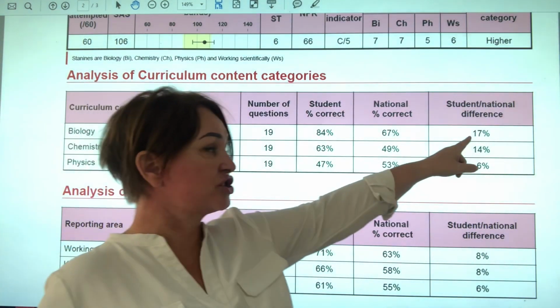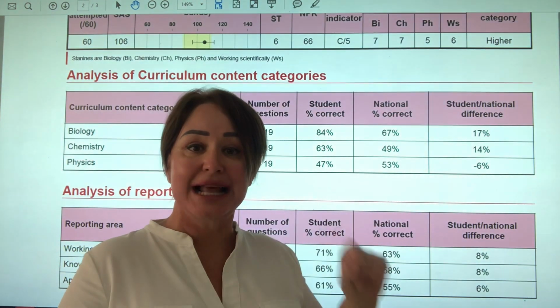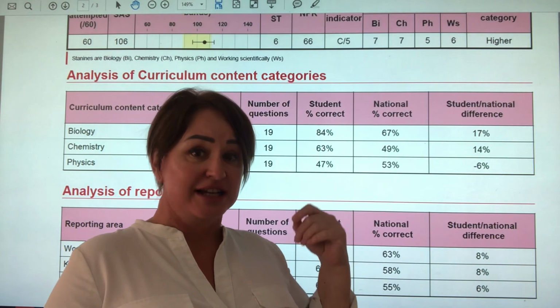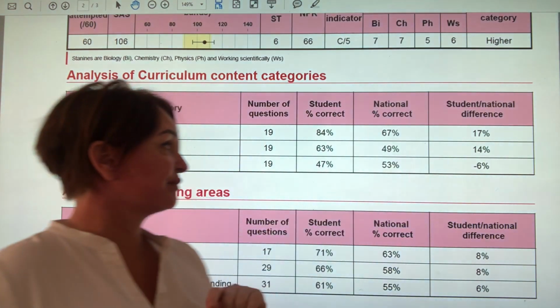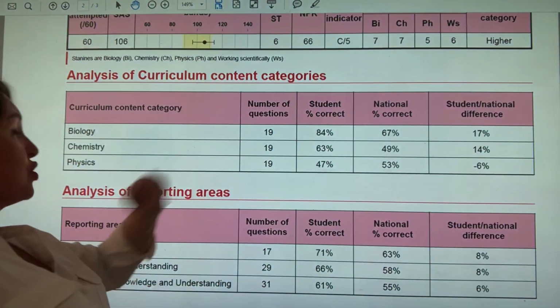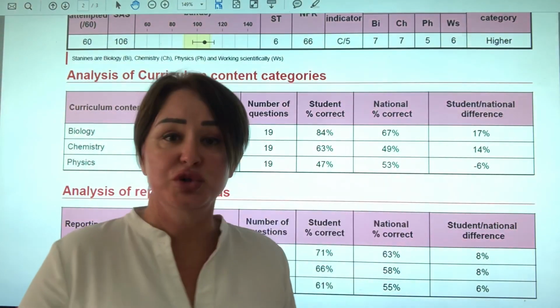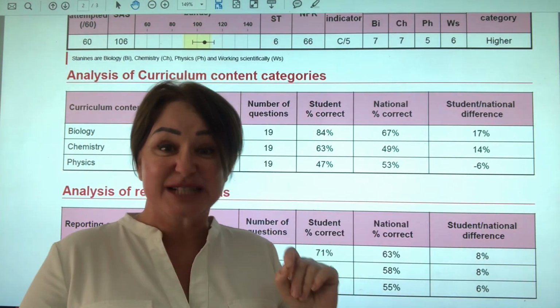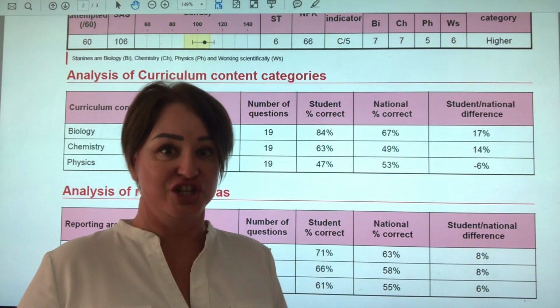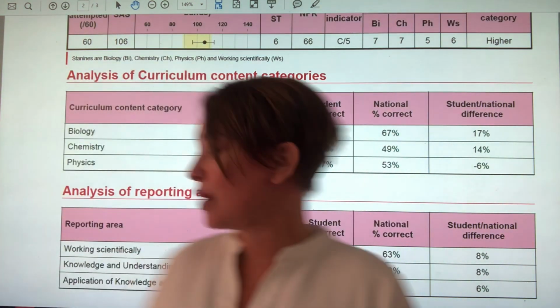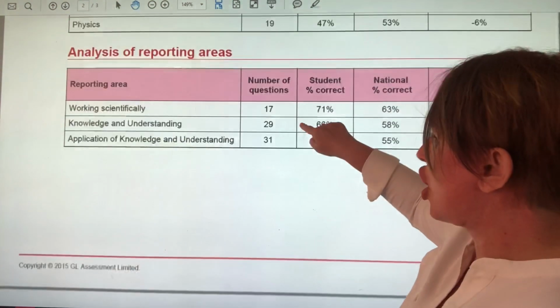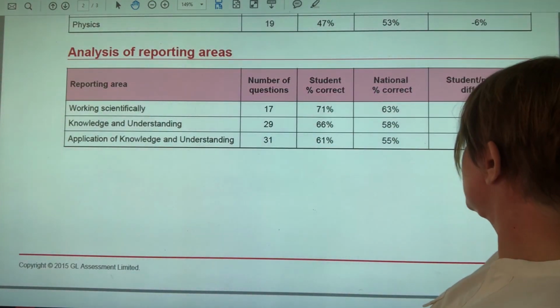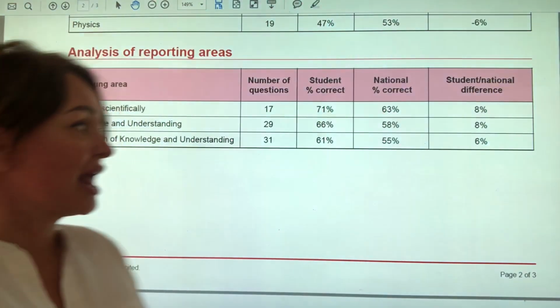So this student is doing 17% better than a child in the UK. The same for chemistry, they're doing 14% better, but in physics, unfortunately, they're 6% worse than the national average in the UK. When we look at the analysis of reporting area, we can see similar information.